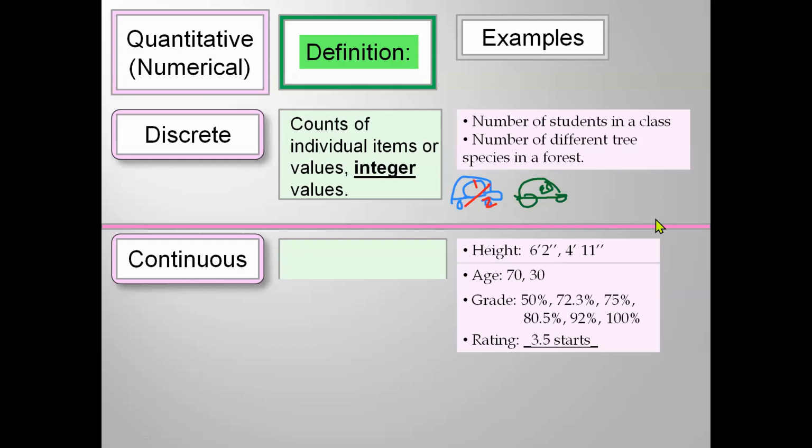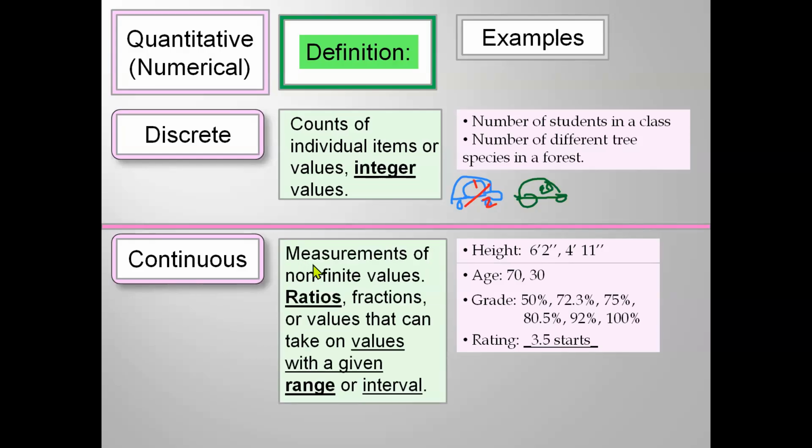When we talk about continuous variables, what we're going to look at are the measures of non-finite values, typically ratios and fractions, or values that can take on values within a given range or interval.